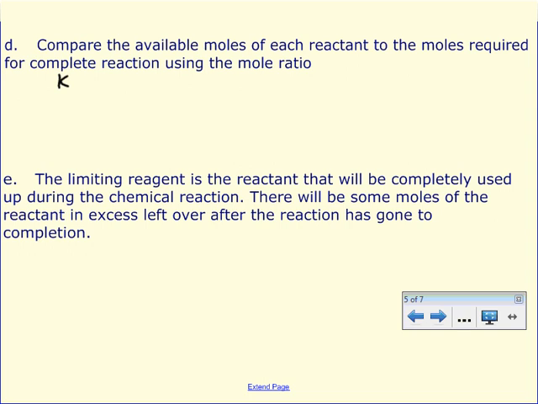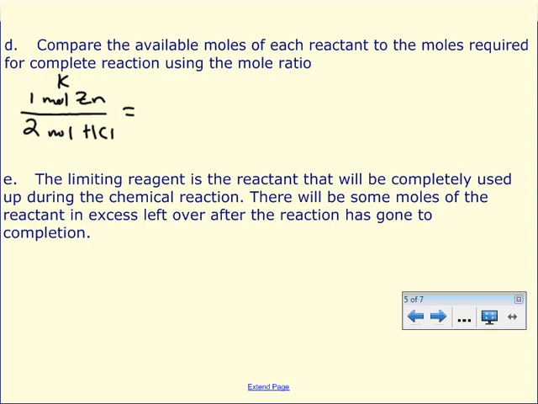So I have 1 mole of zinc for 2 moles of HCl, and I'm going to try to figure out how much zinc I'm going to need if I use up all of my HCl.